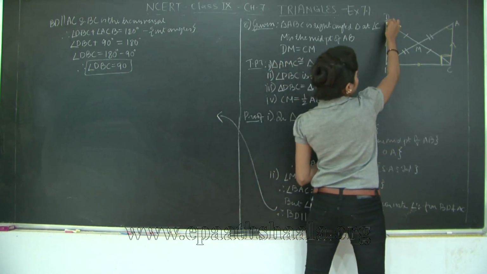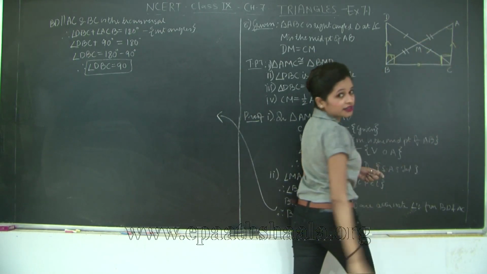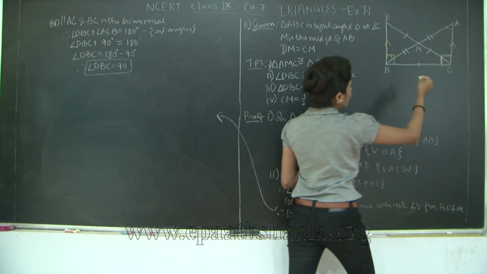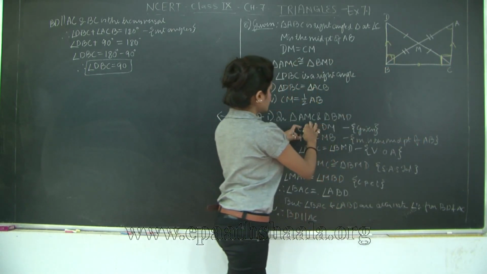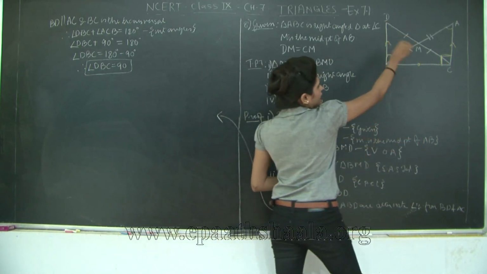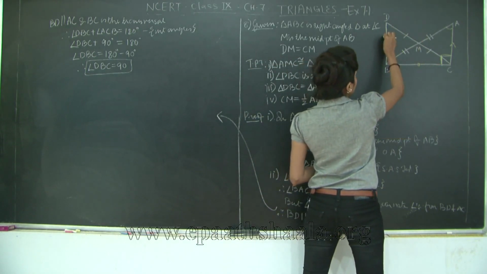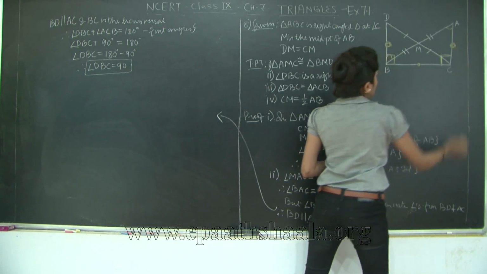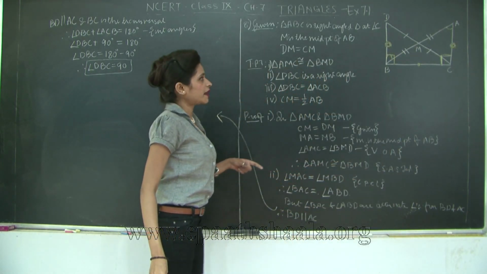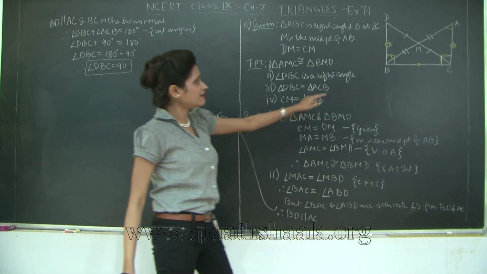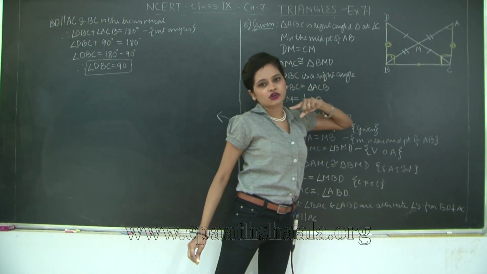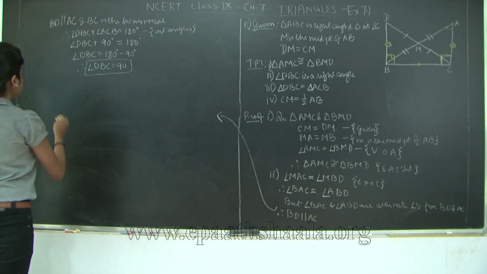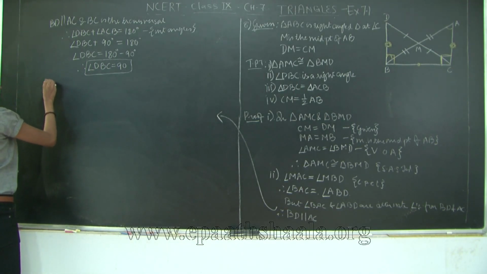Also, we proved that these two triangles, AMC and BMD, are congruent. Therefore, we can say that these sides over here are also congruent by corresponding parts of congruent triangles. Therefore, what do we have? We have SAS test of congruence to prove this, right? So, let's go ahead and proceed for the third part.